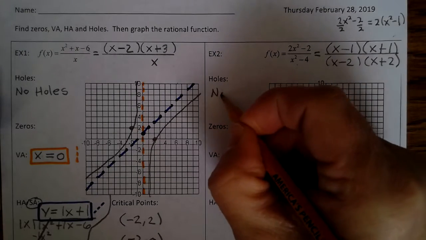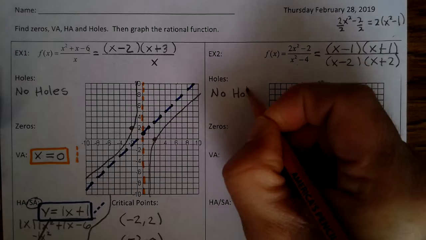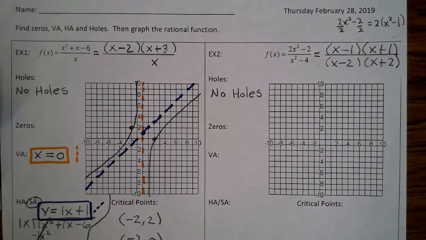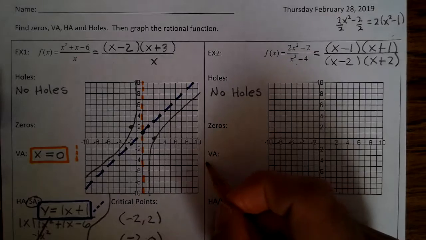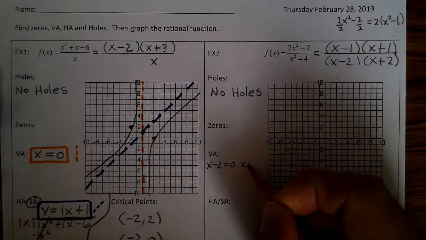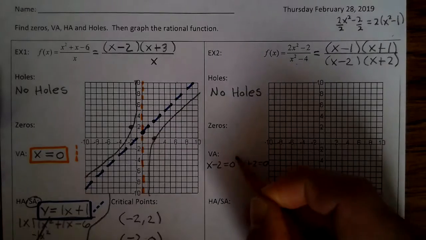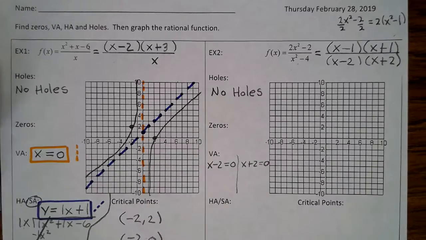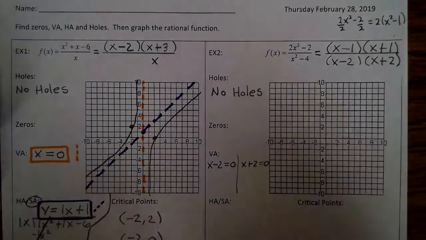Now our next step is to find the vertical asymptote, and that's found by setting the denominator equal to 0. So x minus 2 equals 0, x plus 2 equals 0. Here we add 2 to both sides, so x equals 2.